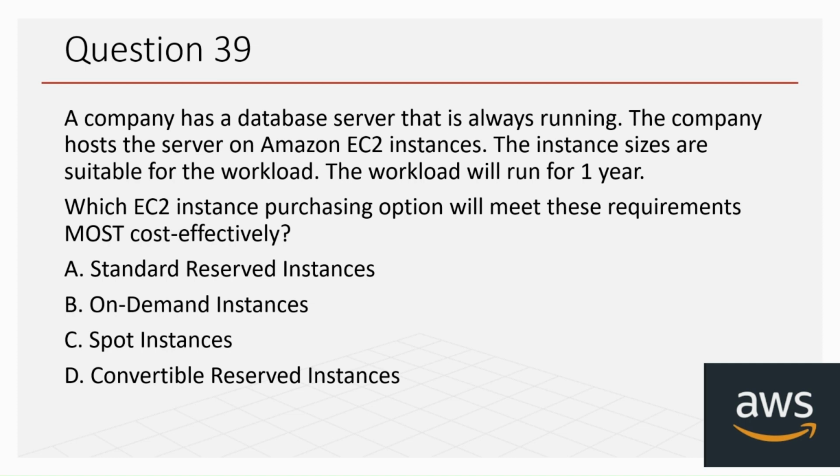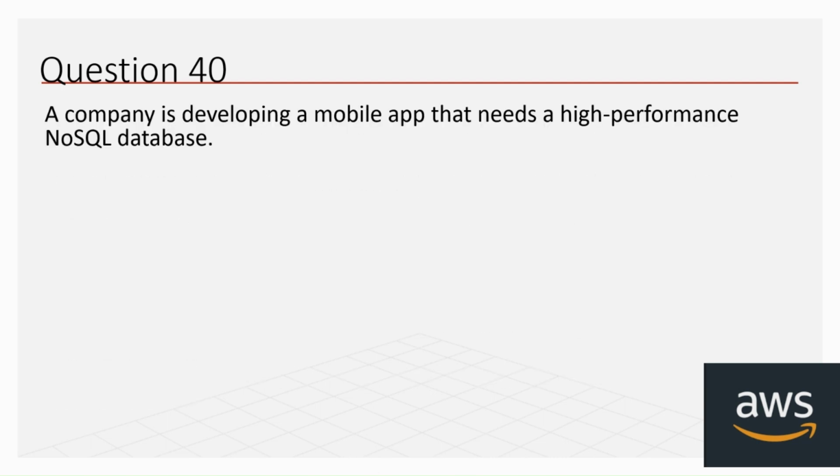You have to look into the scenario and decide which EC2 instance purchase option will fit that scenario most cost effectively. Your options are A. Standard reserved instances. B. On demand instances. C. Spot instances. And D. Convertible reserved instances. And the correct answer is A. Standard reserved instances.